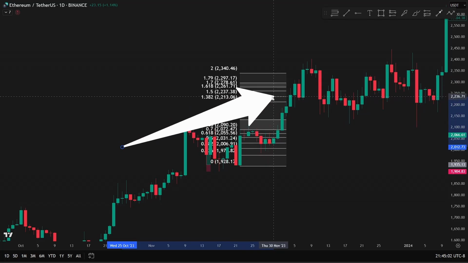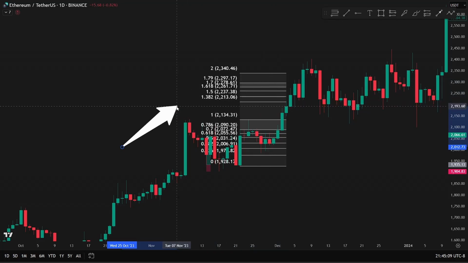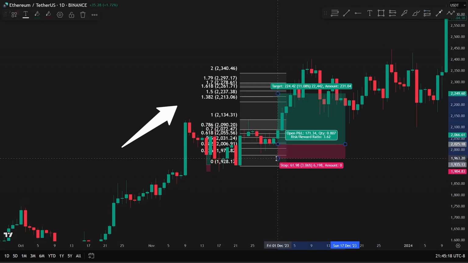You can look to these levels as reasonable areas where price might reach, and then watch as it goes. Or, if you're just happy with picking a level, you got in here, your stop's just there below the 0.79, and you know that's over a 3R trade. But you can say, all right, I think price is going to go to the 1.382, which it does in this case, and that's a 3R trade.